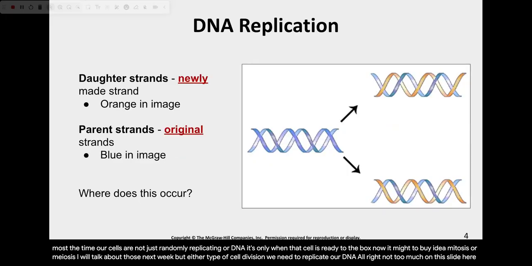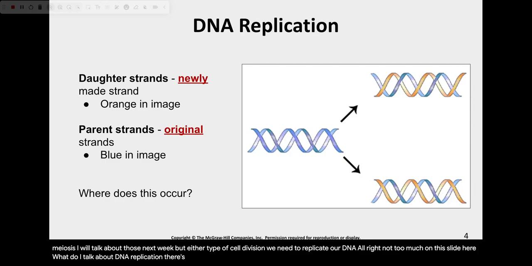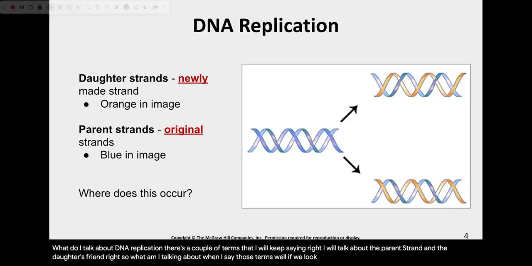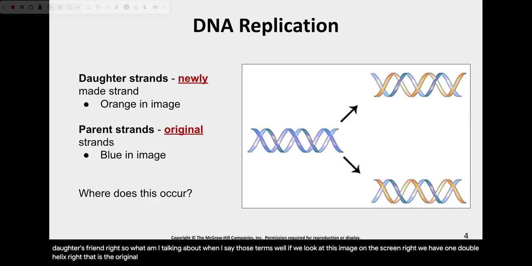When we talk about DNA replication, there are a couple of terms that I will keep saying. I will talk about the parent strand and the daughter strand. What am I talking about when I say those terms? If we look at this image on the screen, we have one double helix. That is the original double helix that we're going to use in replication.